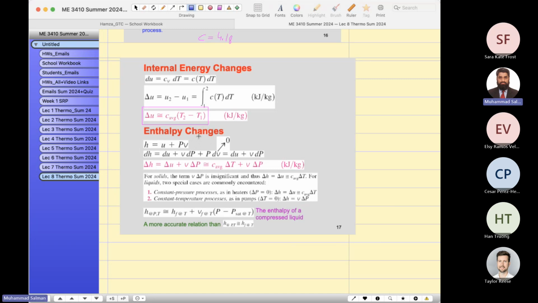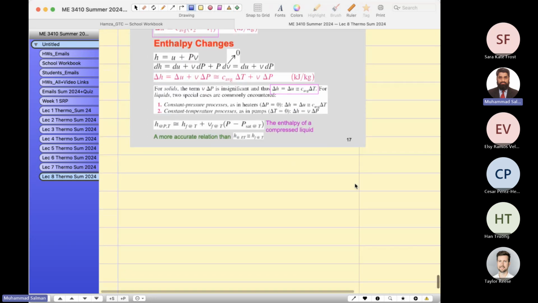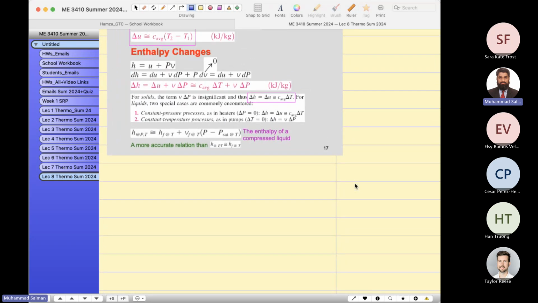This is not Cv, but just C average. And for H it is the same. So it is almost this for delta H and delta U, it doesn't matter for liquid or solid.